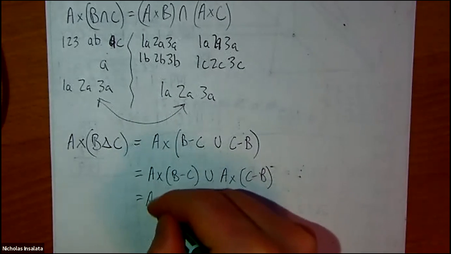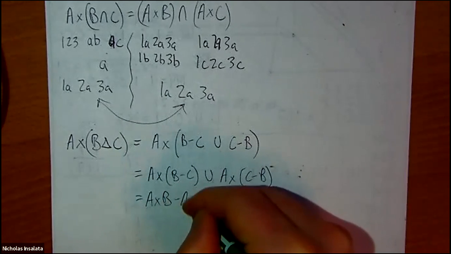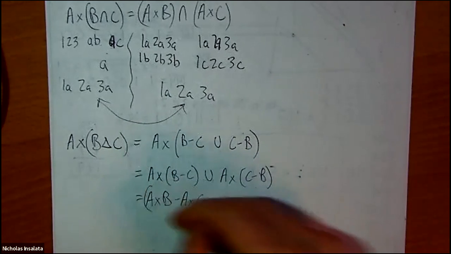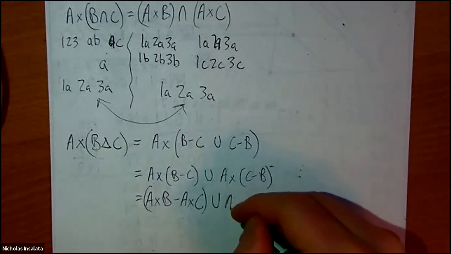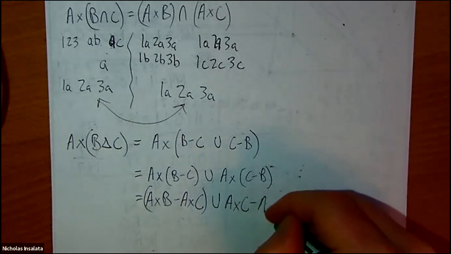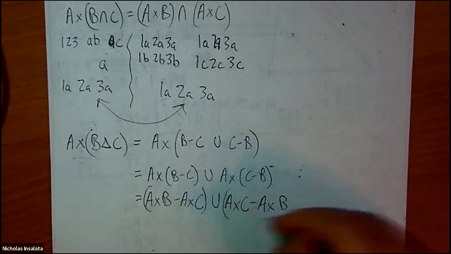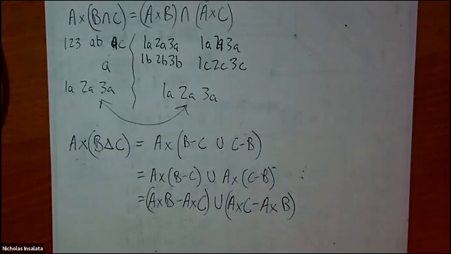So we can have A cross B minus A cross C union A cross C minus A cross B. Okay. And now what do we have?